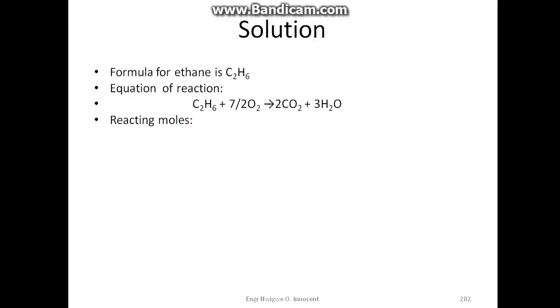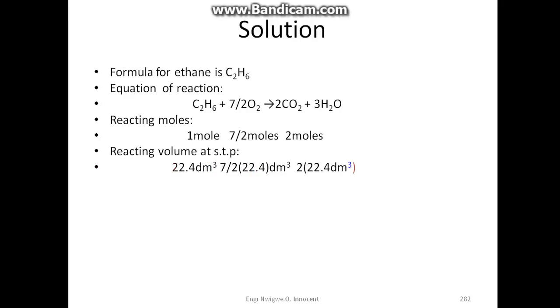Reacting moles: 1 mole of ethane reacts with 7 over 2 moles of oxygen to give 2 moles of carbon(IV) oxide. Reacting volume at STP is 22.4 dm cube of ethane reacts with 7 over 2 times 22.4 dm cube of oxygen to give 2 times 22.4 of carbon(IV) oxide.